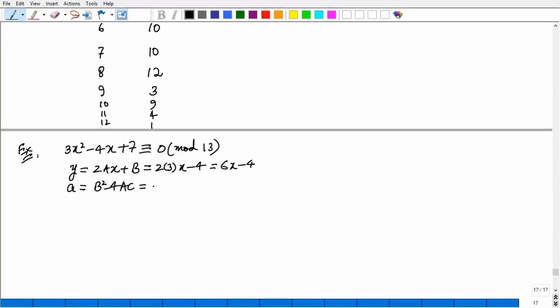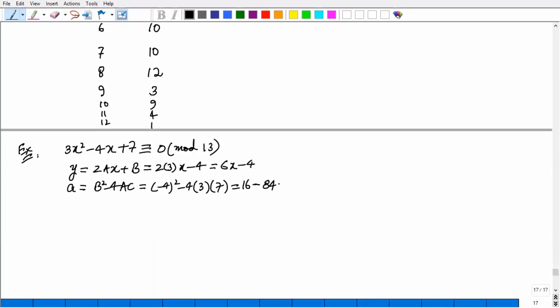So b is minus 4, so minus 4 squared, minus 4 times a, where a is 3 and c is 7. So this is 16 minus 4 times 3 is 12, and 3 times 7 is 21, 21 times 4 is 84.